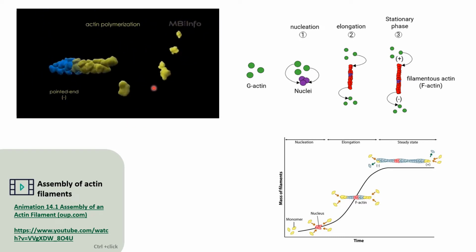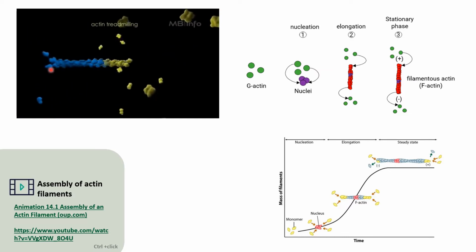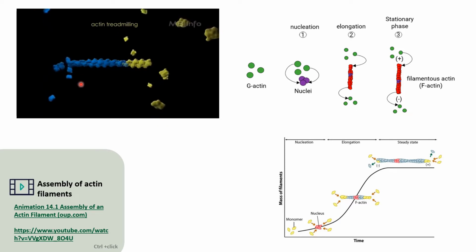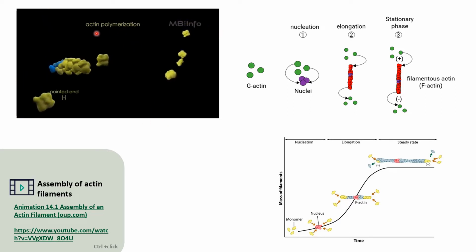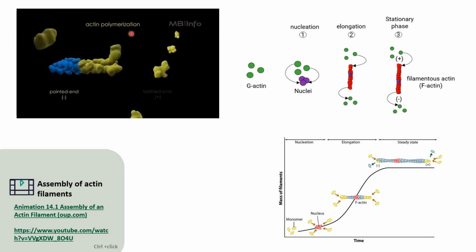So when the rates of disassembly and assembly are the same, then it's called treadmilling.